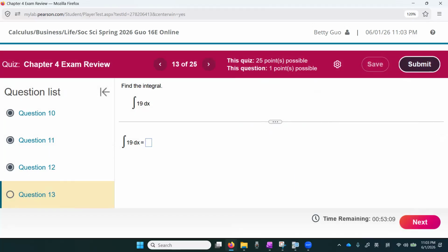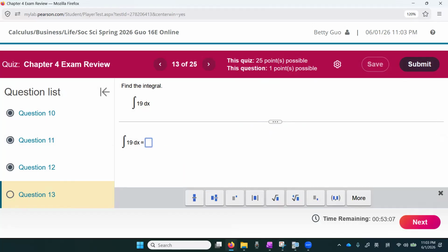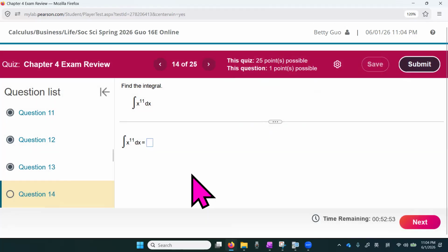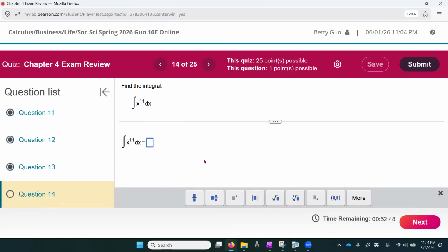Question number 13. 19x plus c. 11, so this is x to the power of 12 over 12 plus c.